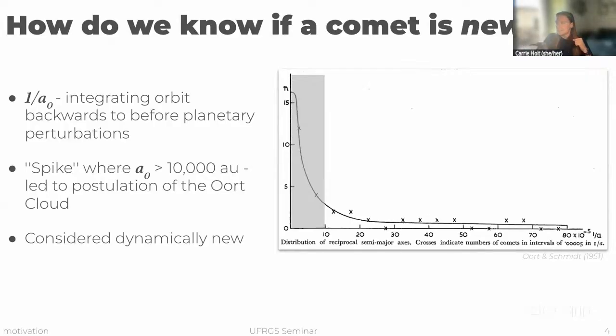This is a figure from the original paper that postulated the Oort cloud showing this spike, which we call the Oort spike. Historically, comets within this spike are considered dynamically new. That's what has been used for many decades.